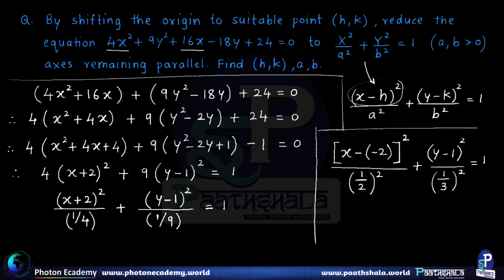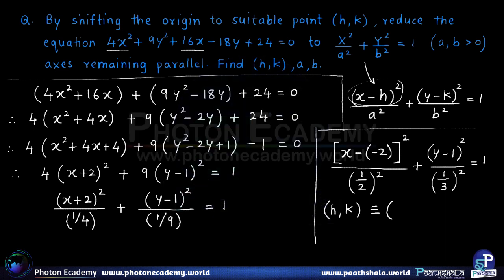So therefore we have brought exactly the required form. So therefore here by comparison we get that h, k, which is the new origin, is nothing but minus 2 and 1.